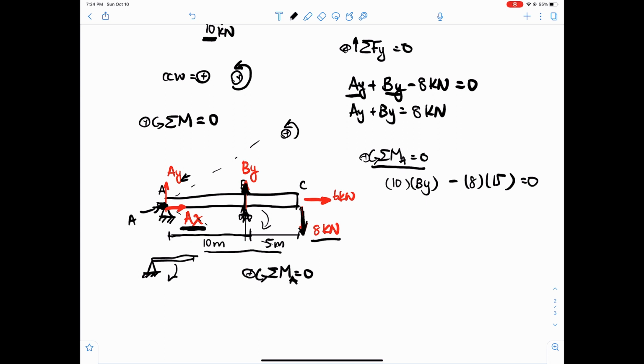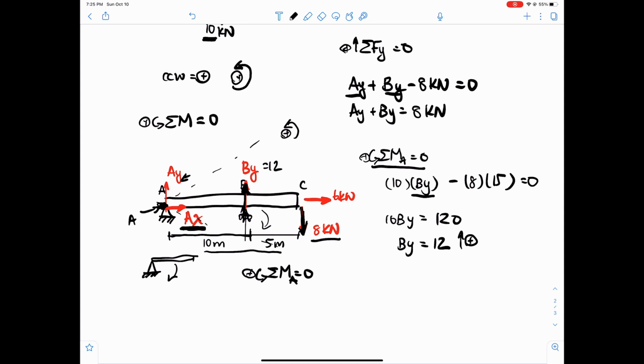With that being said, all we need to do is solve for By. So 10 By equals 8 times 15, which is 120, so By equals 12. Since this is positive, we know that By is going up. So this is 12.